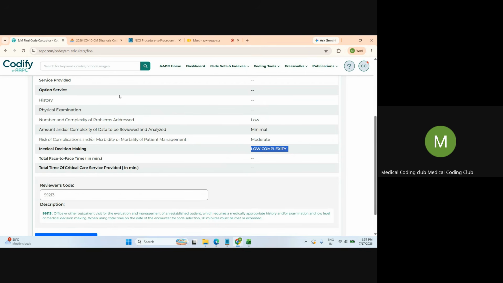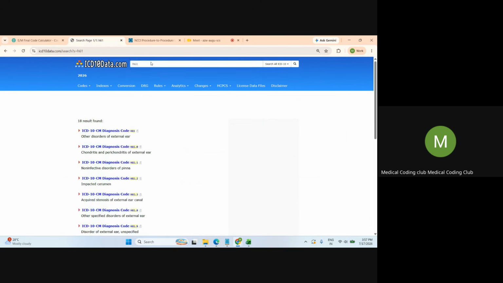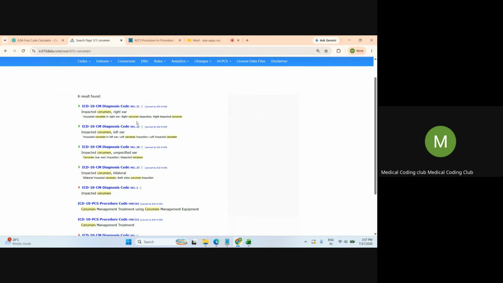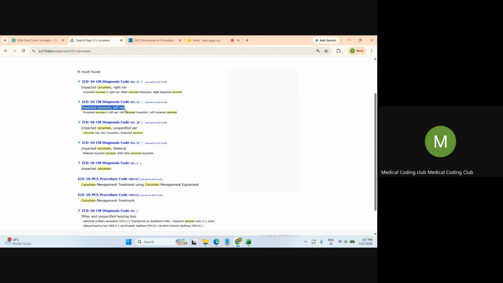That's it. Now, if you want to check for ICD, we had the cerumen removal code. So the cerumen removal code will be, one minute, not H61, sorry. H6121 is impacted cerumen right ear, 22 left ear.